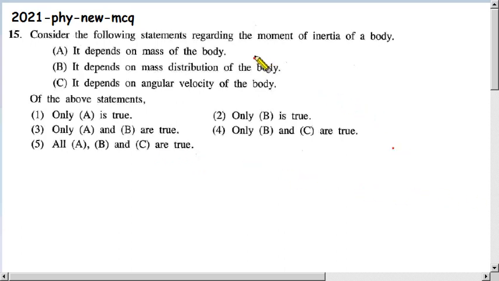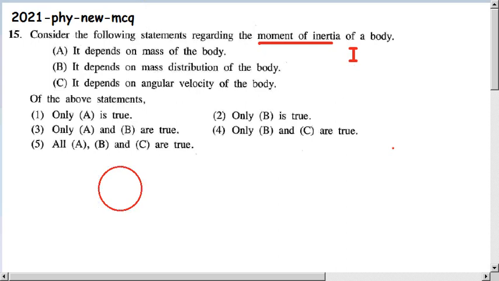So they talk about moment of inertia. What is the symbol that we use for moment of inertia? The symbol is capital I. You know the moment of inertia of certain geometric objects, say a disk.